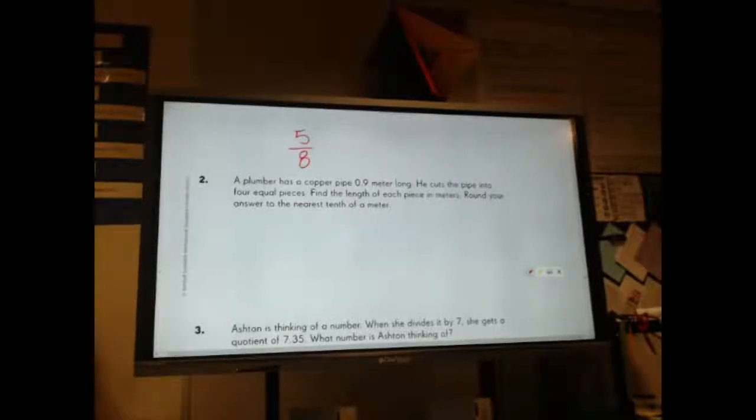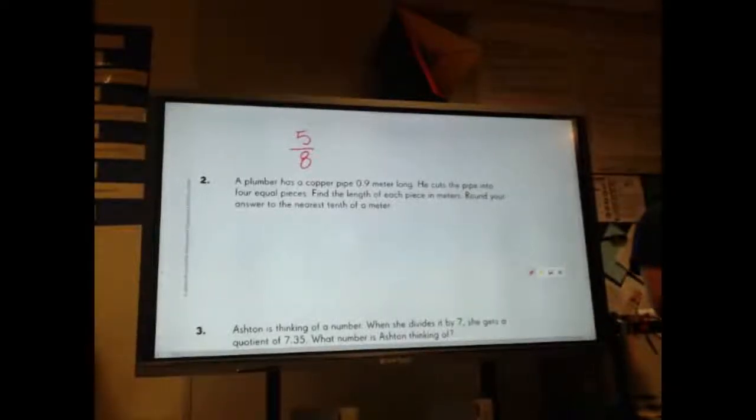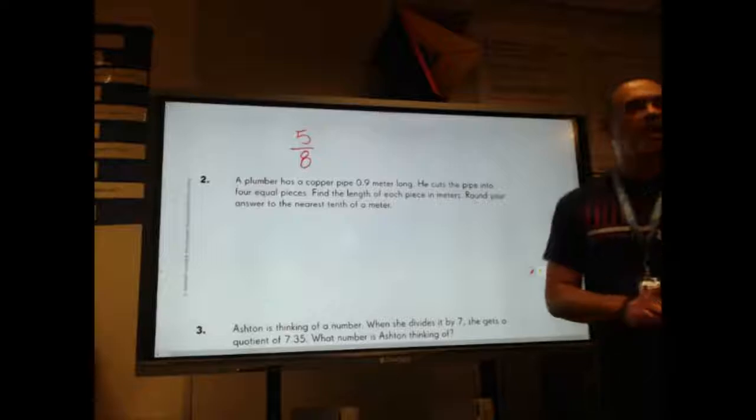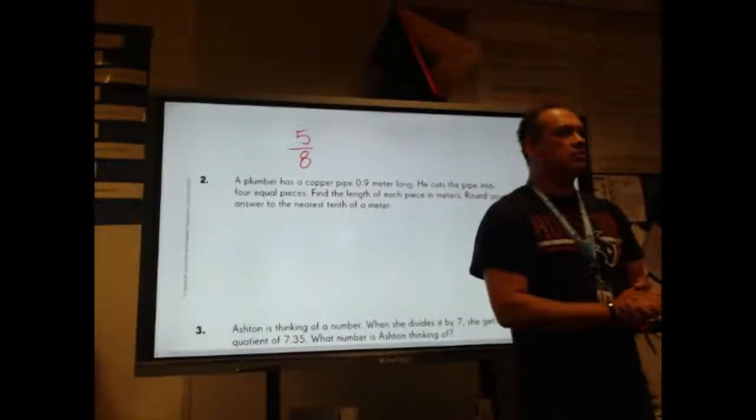It means that I have 5 pieces or 5 parts of 8, right? 5 out of 8. Now, do you remember how to turn this into a decimal?